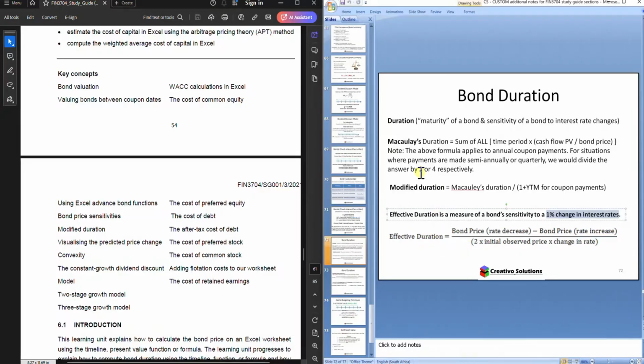Okay, so they are different. So Macaulay's, if you do some research, you get different economists, mathematicians, people that analyze numbers and data, and sometimes they try to create better or more accurate measures to help them with their decision making. So if you bought any of those CFA textbooks that INV 3701 or INV 3702 prescribe, the one is equity asset valuation and the other is bond valuation or fixed income valuation.